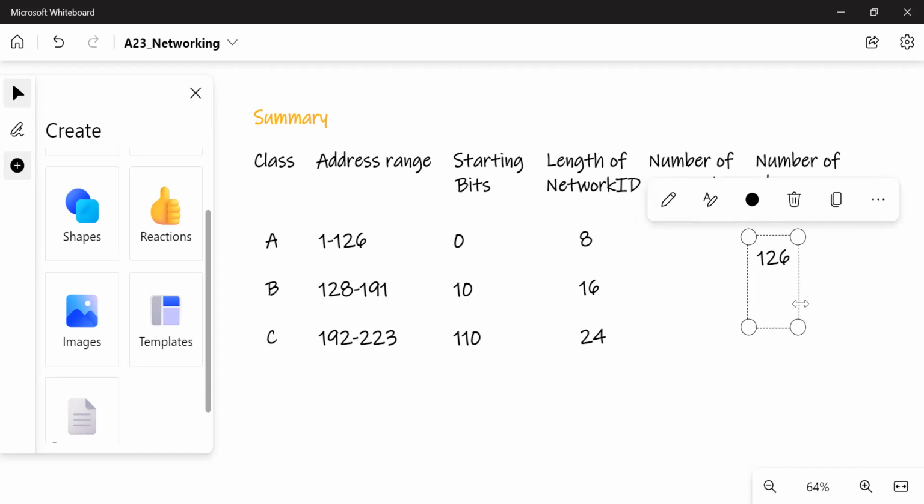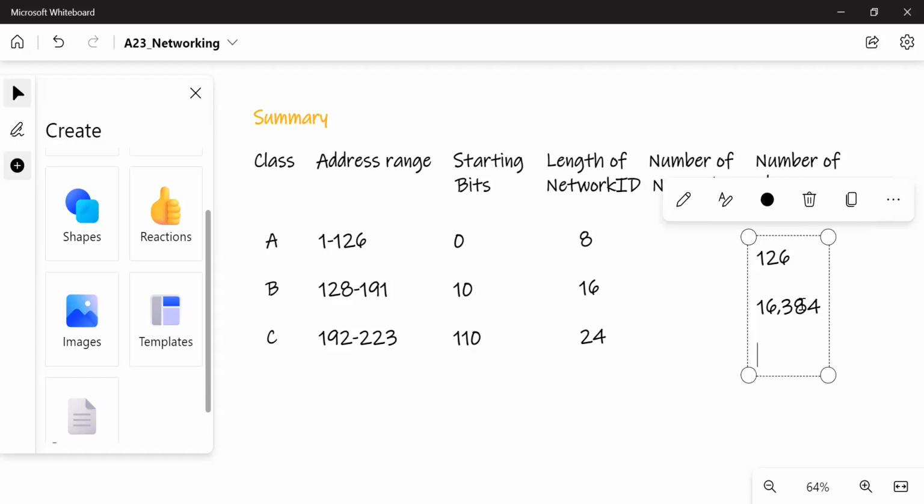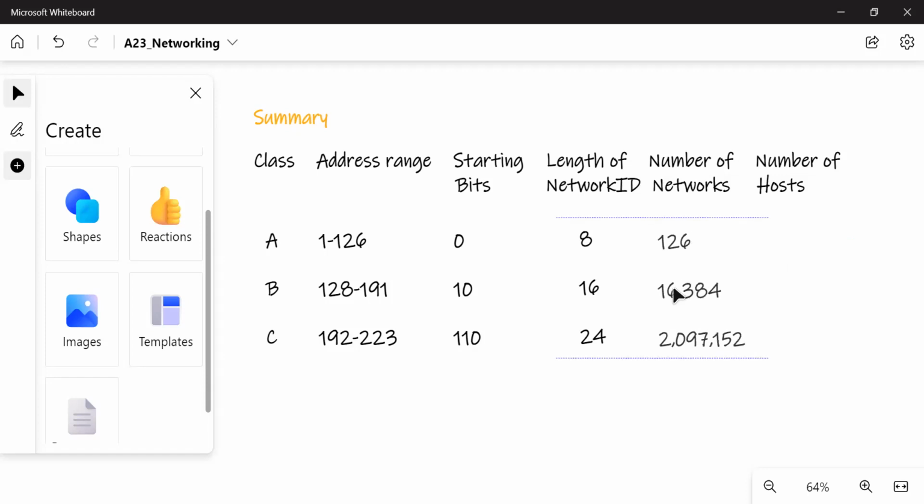Similarly, we have 16 bits for B, but 14 bits are allocated there, 2 to the power 14, which gives 16,384. For C, although we have 24 bits, the starting 3 bits are fixed, so 2 to the power 21, which is 2,097,152 when you ignore the first and the last. So these are the number of networks we can have.